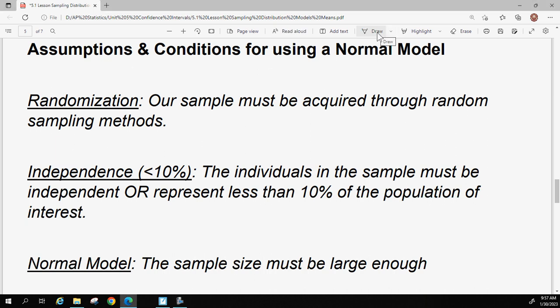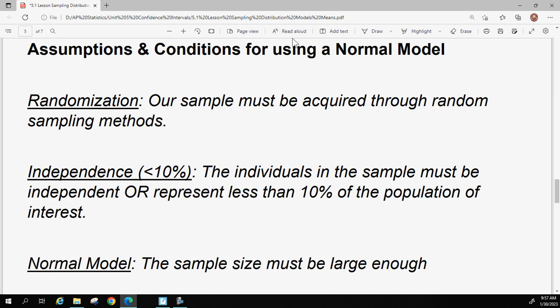And so when we're trying to use the central limit theorem, we need to document that we've satisfied these assumptions and conditions. This is going to be a practice we're going to use throughout the rest of the year. And so you should get used to writing out and documenting and explaining that we've met the criteria to move forward and use the central limit theorem to answer whatever question it is we've been asked.